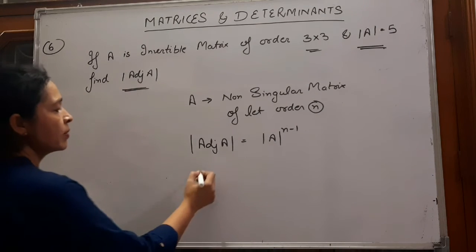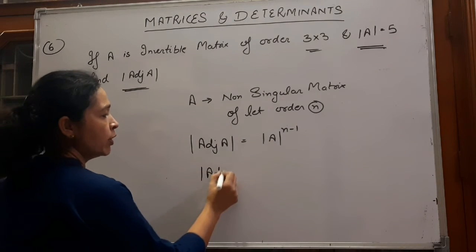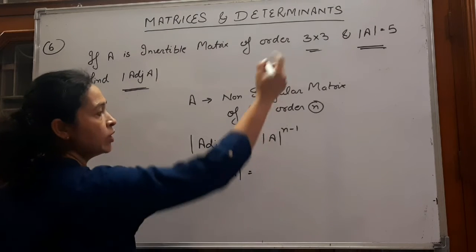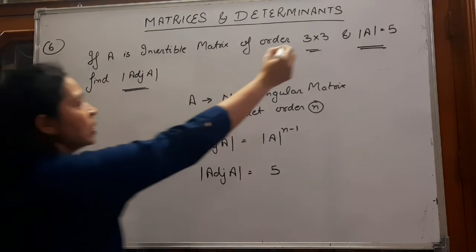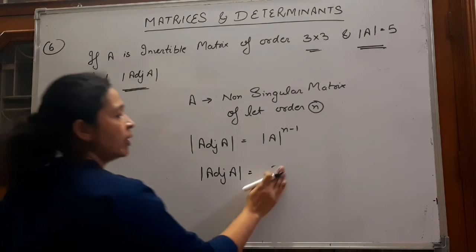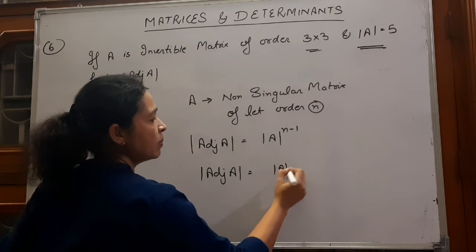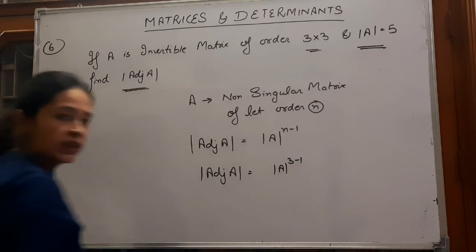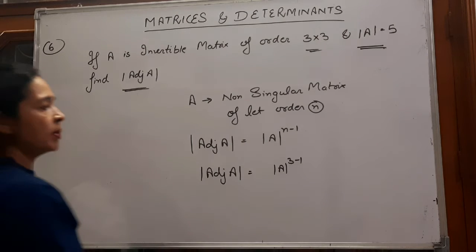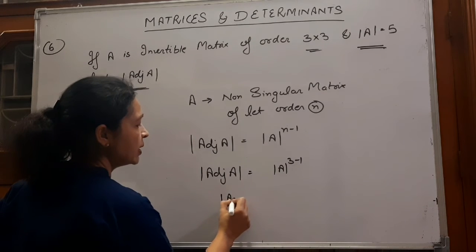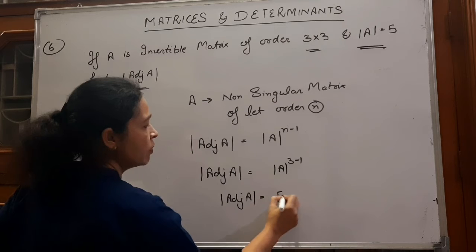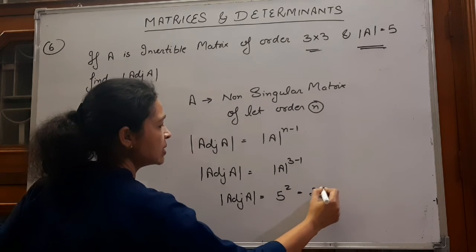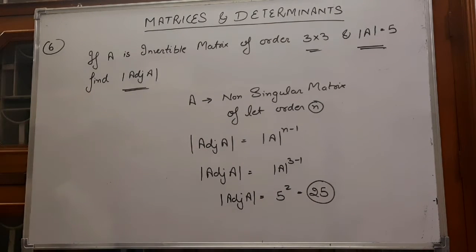Now in this case we have to find the determinant of adjoint A. The determinant of A is given 5. We have order 3 by 3. So determinant of adjoint A will be determinant of A to the power 3 minus 1. So determinant of adjoint A will be 5 to the power 2, that is 25. This is our answer.